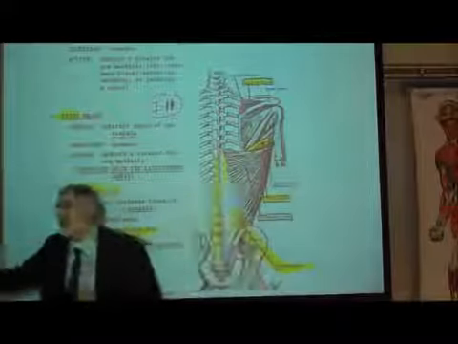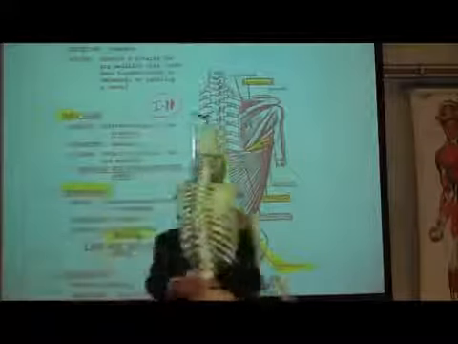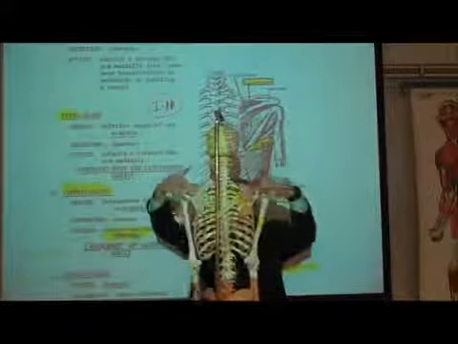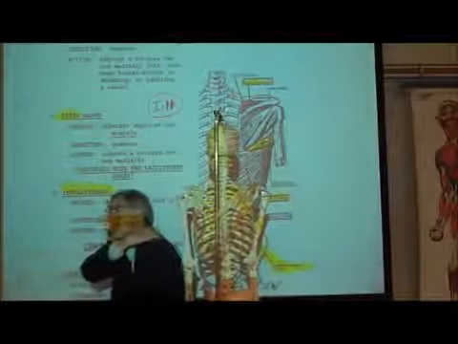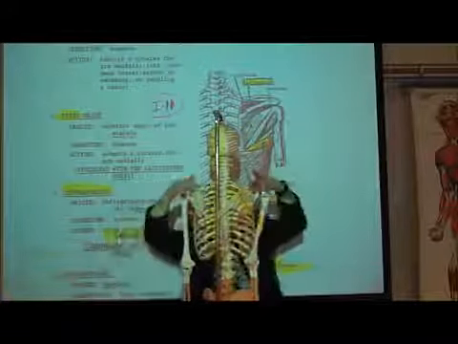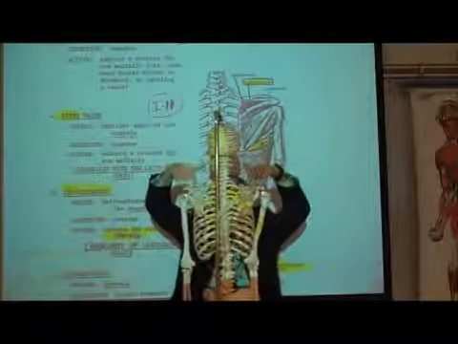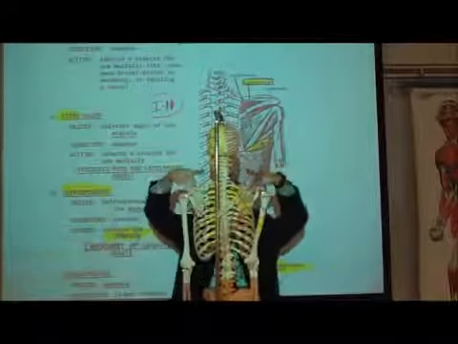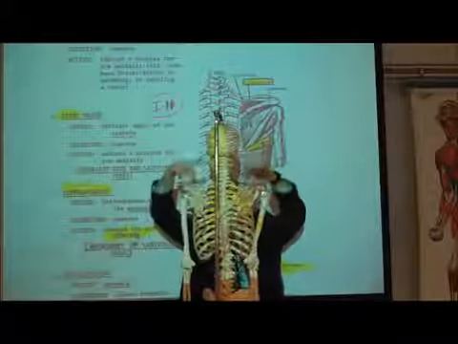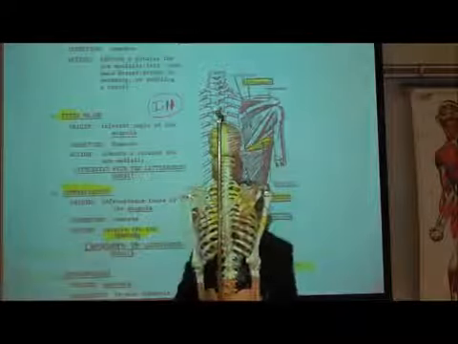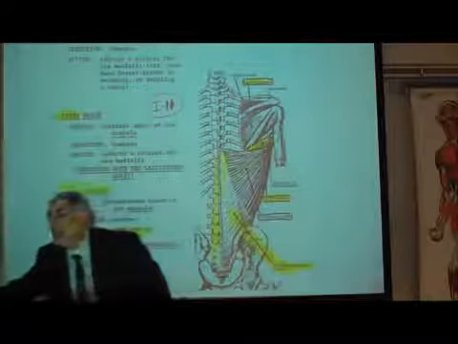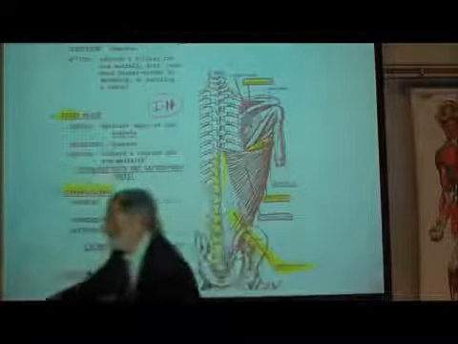You'd say, well, I don't know what the spine of the scapula means. Okay, so on us, this is the spine of the scapula. That's what you feel when you feel the backside of your shoulder blade or scapula. And the space above the spine is called the supraspinous fossa, and that's where the supraspinatus originates. It inserts on the humerus, and the deltoid sits right on top of it.